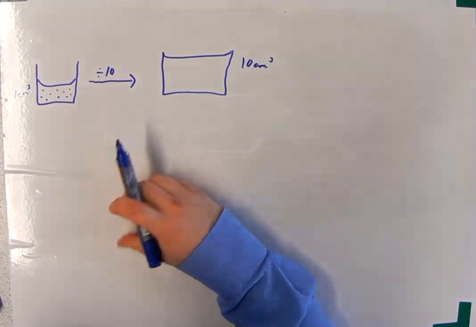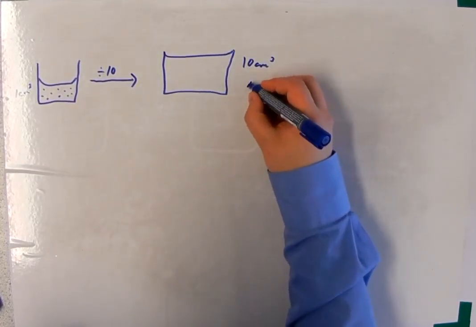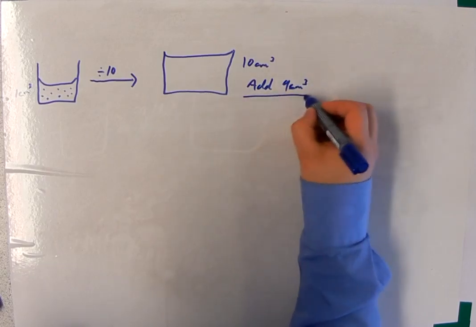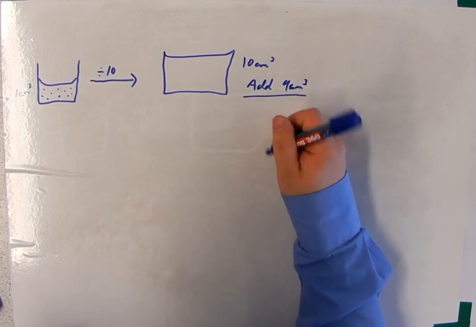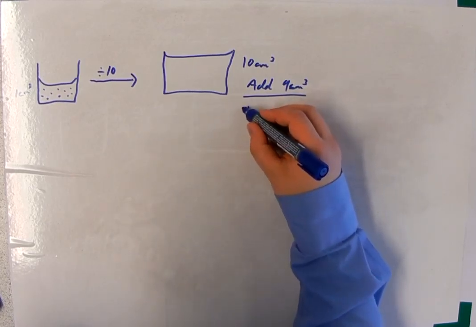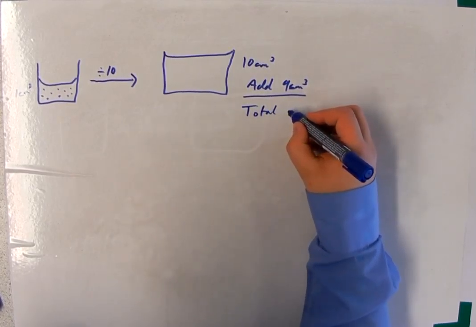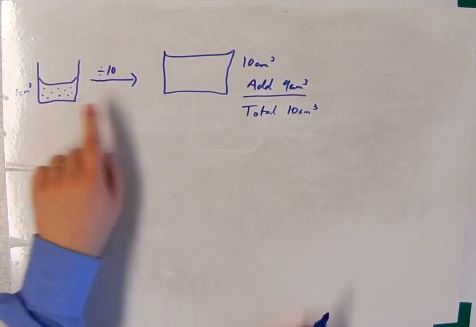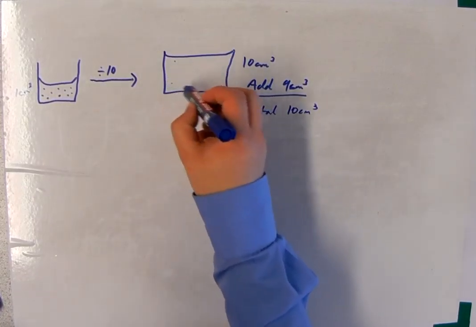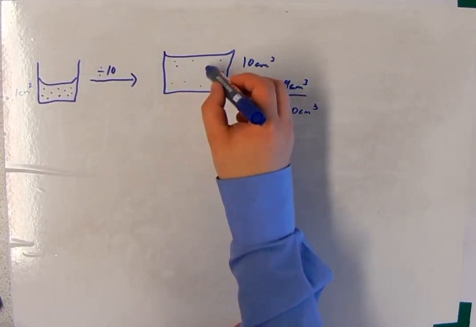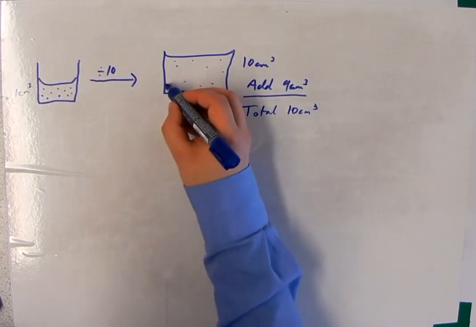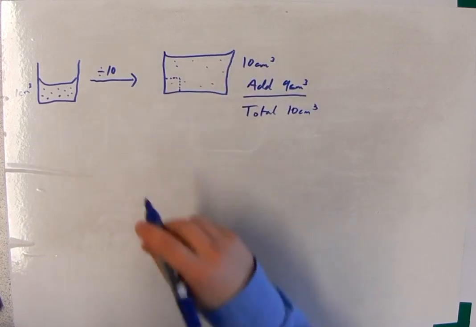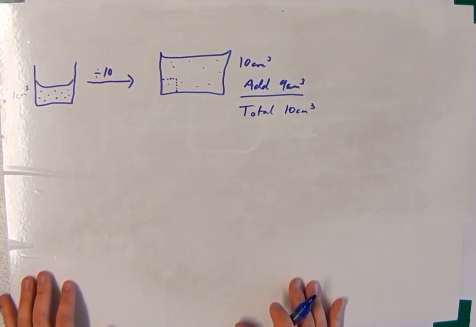But I've already got 1 centimetre cubed, so I need to add 9 centimetres cubed to give me a total of 10 centimetres cubed. You're always looking at the total volume. So you're taking 1 centimetre cubed, you're going to dilute it up to 10, but in order to do that you already started with 1 centimetre cubed. You need to add another 9, not another 10.